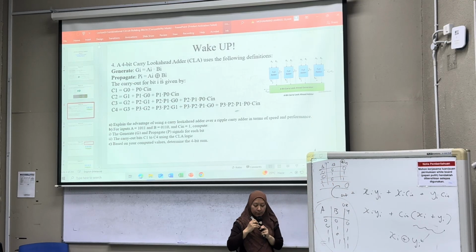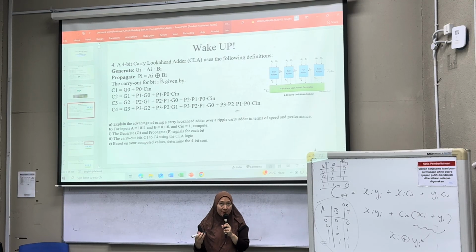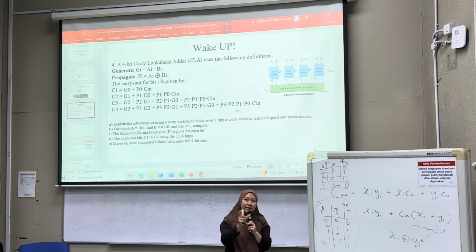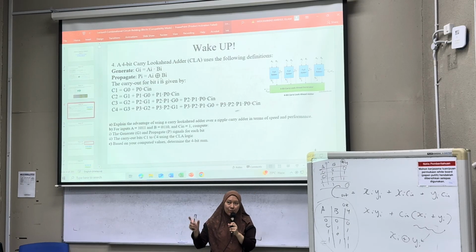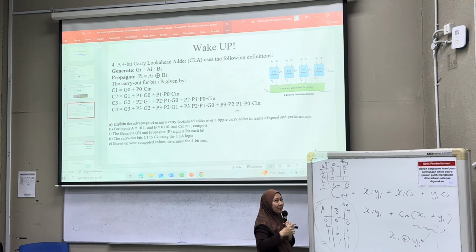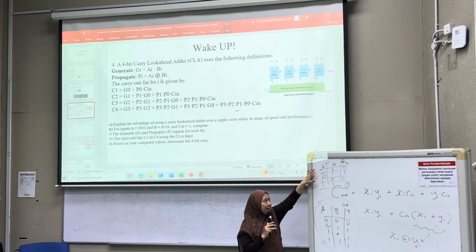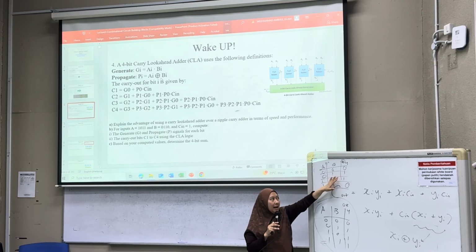So if I were to just use the definition, propagate is to just bring the bit from one block to the other. Propagation. This XOR meets the criteria, meaning it's just propagating the bit out.